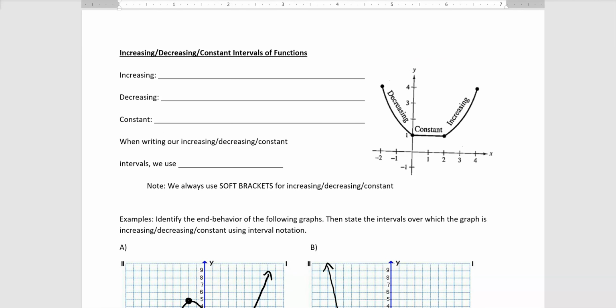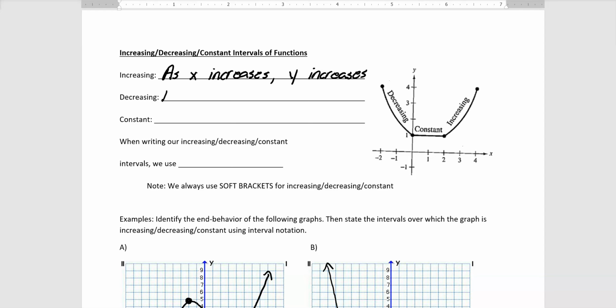All right, so an increasing interval, as demonstrated here, is as x increases, y increases. This means as I move from left to right, because that's when x is increasing, what is y doing? We can see from this example, as I move from 2 to 4, the y value is going up.